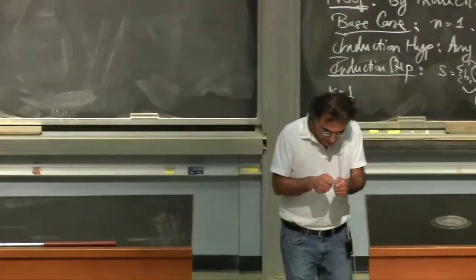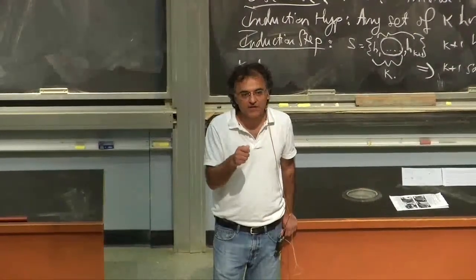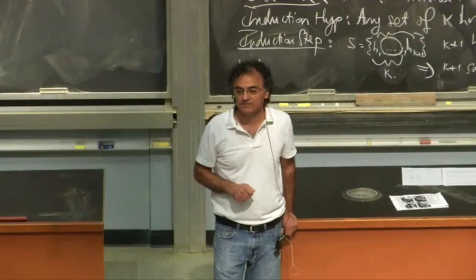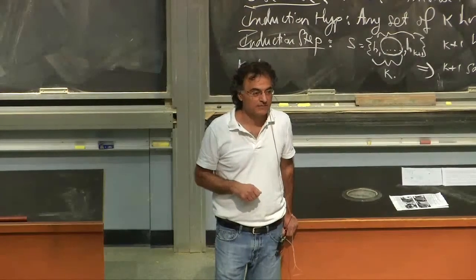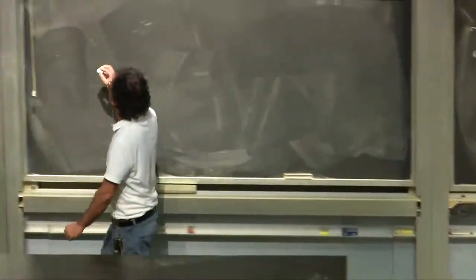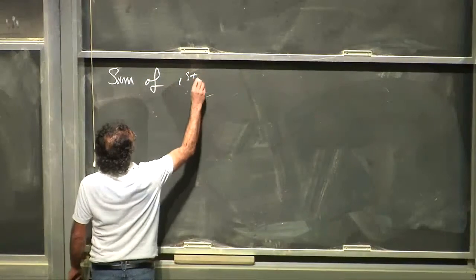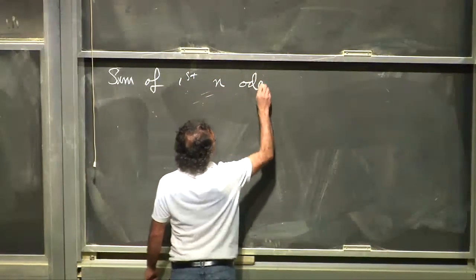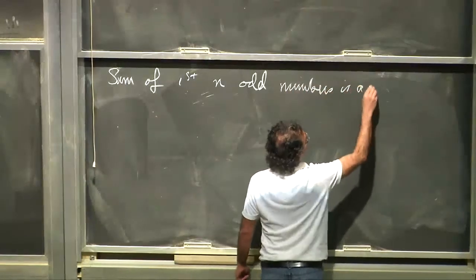Okay, so let's say we are proving the statement: if you start from 1 and you start summing up consecutive odd numbers, the claim is you always get a perfect square. The sum of the first n odd numbers is a perfect square.